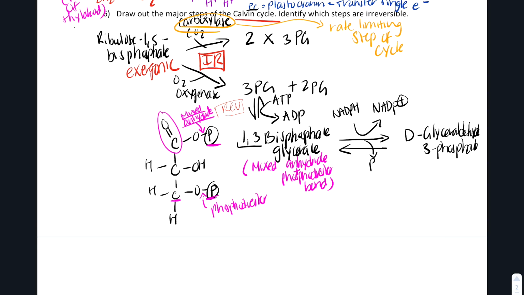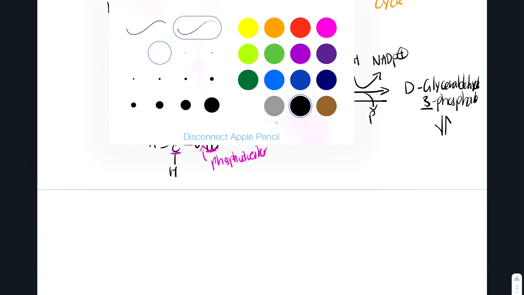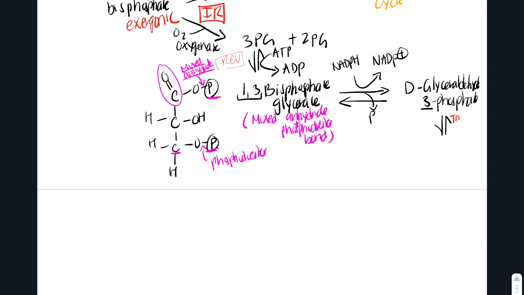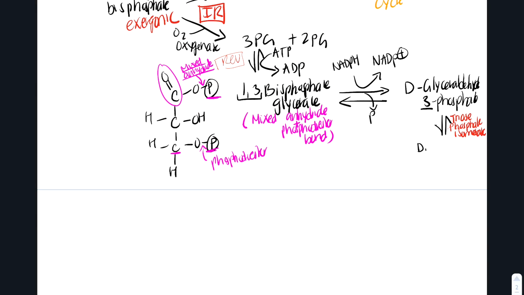Because we went from having a phosphate on position 1 and 3, and now we have the phosphate only on position 3. And this structure can use the triose phosphate isomerase, and that will actually make it dihydroxyacetone phosphate.